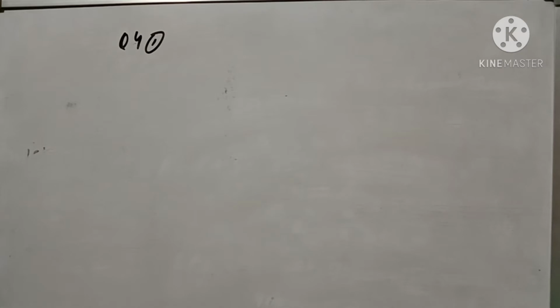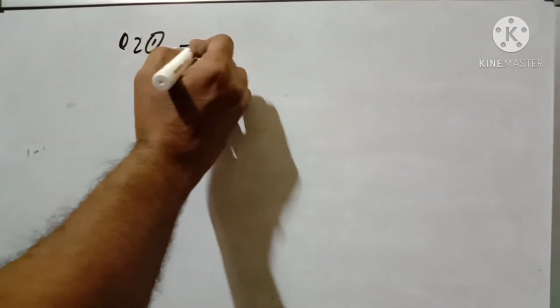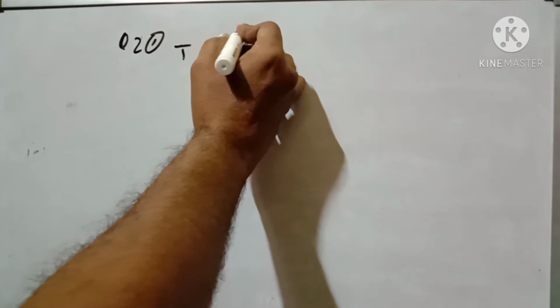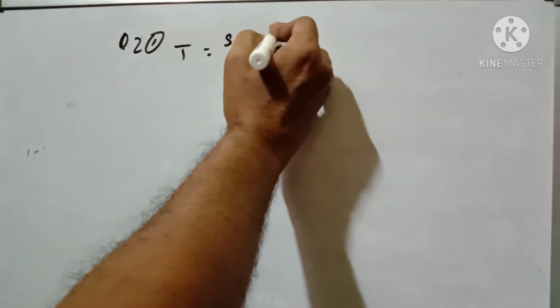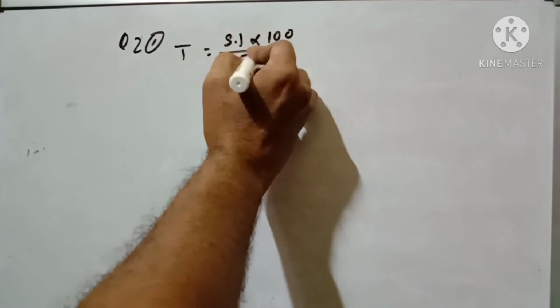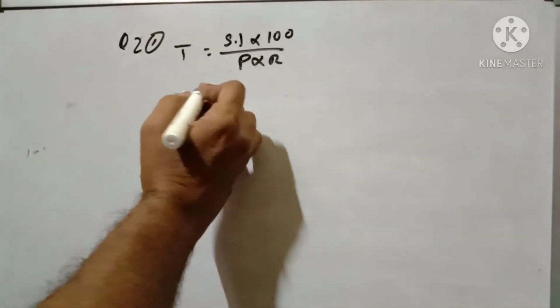Question number 4, first, find the time. As we know, time equals SI into 100 by P into R. Question number 1, it is given that our SI is 200.